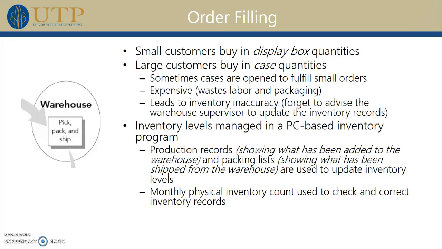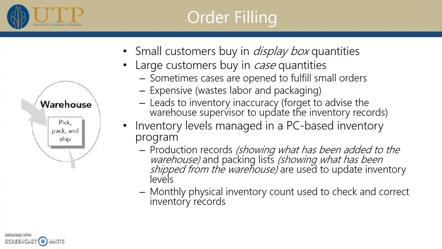So they have to open up the case and take out the boxes to fulfill those small customers' orders. It's also expensive because it wastes labor and packaging, and it leads to inventory inaccuracy because you're taking boxes out of big cases and it is not being recorded.